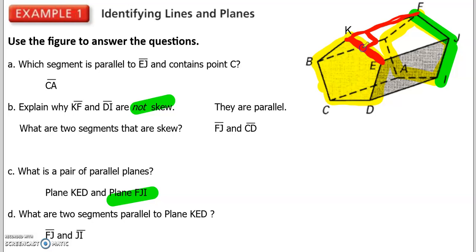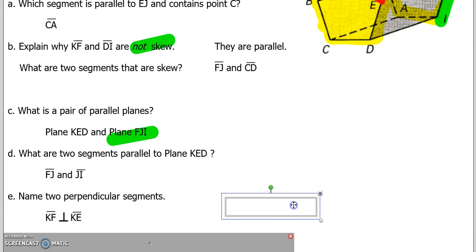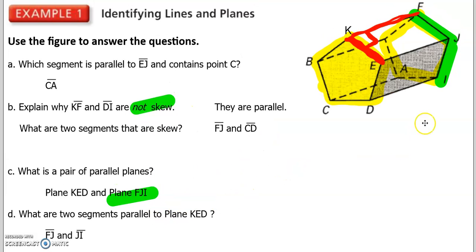They would form a 90-degree angle right there on the side touching this front plane. Okay, and guys, these aren't the only answers. There's a variety of answers for this question because there's so many points on here. These are just some possible solutions.